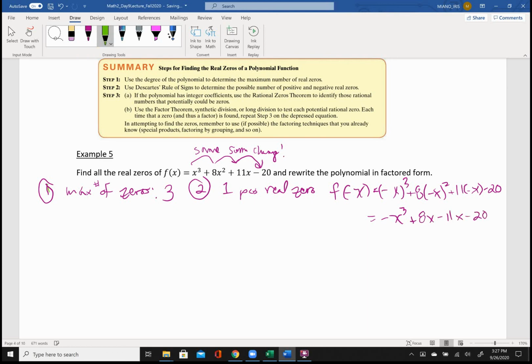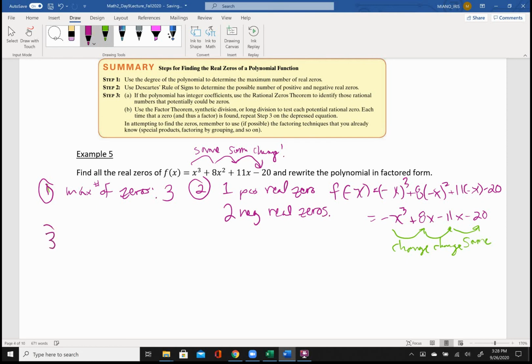So, and I'll do a different color for variations. We have a change here, a change there, another change. And then same for this last step. So that means that there are 2 negative real zeros. Put that right underneath here. Okay, rule of signs, check.